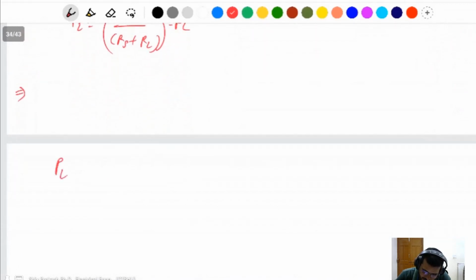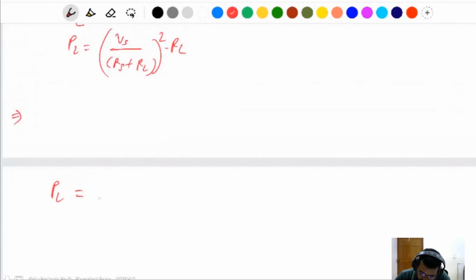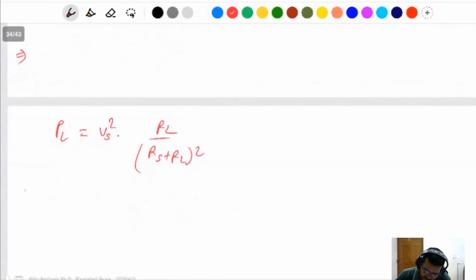The load power is equal to Vs square into RL divided by Rs plus RL whole square. To get the maximum power, differentiate this with respect to the load resistance. Vs is constant.